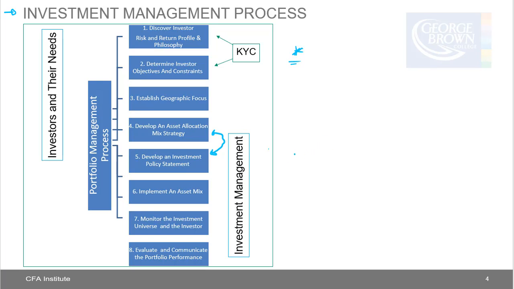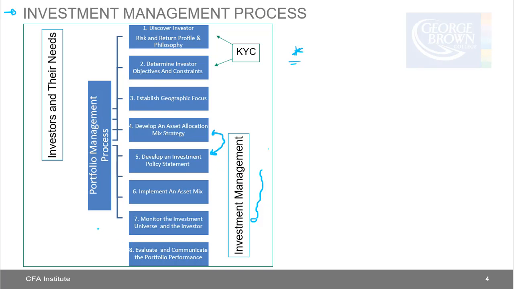Okay. So the previous chapter 16 was looking at investors and their needs, and now in chapter 17 we're moving on to the investment management, when we're really looking at developing this asset allocation strategic mix. A little bit more on the IPS, and then implementing.